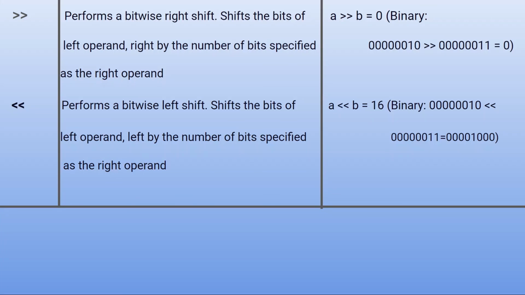Here we always have to remember that the bits are not going to shift entirely; it is just the last part that shifts. Then the last one we have is the left shift, which performs a bitwise left shift. It shifts the bits of the left operand left by the number of bits specified as the right operand.